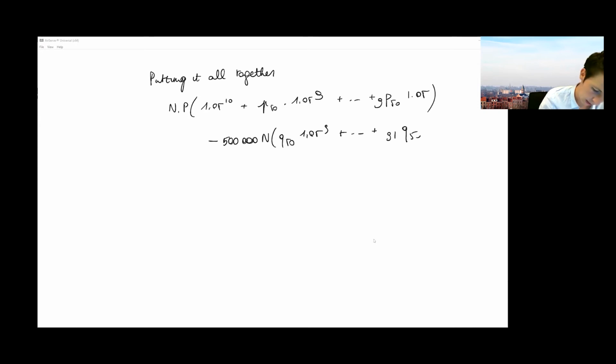And I've got something like this, right? So this is what I get. That's the value of the cash flow stream done in the past. That's the value at time 10, okay?